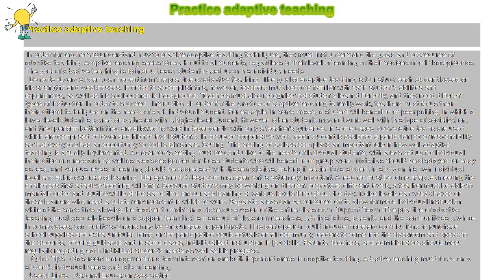Instruction. In order for the practice of adaptive teaching to really work, teachers must focus their instructional techniques on the needs of each individual student. For example, in some cases, a student will benefit from peer pairing, in which a lower-level student is paired or partnered with a higher-level student.